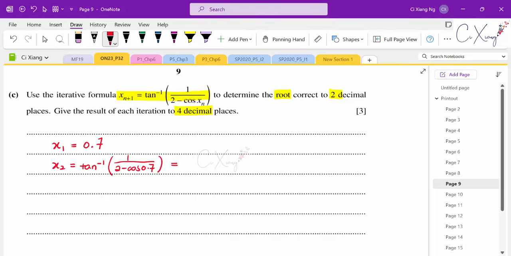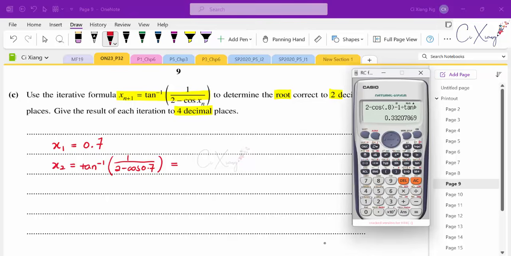Of course, we can use the calculator to help us. I want to key in the right-hand side of this iterative formula. So I'm having tangent inverse, and there's a fraction inside, so 1 over 2 minus cos x.